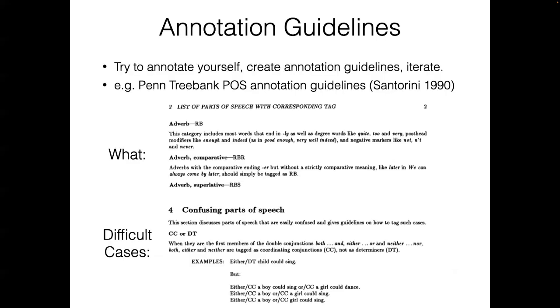Okay, good. So here are some guidelines on annotating. This is taken from a kind of classic data set, the Penn Tree Bank, which was used for tasks like dependency parsing.